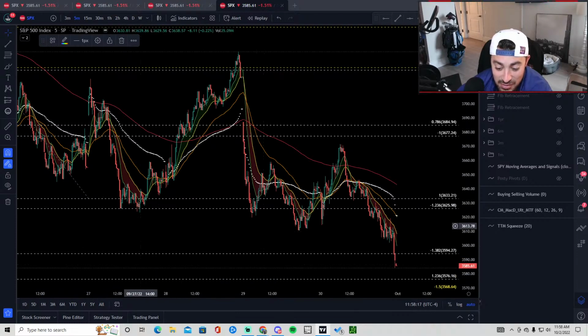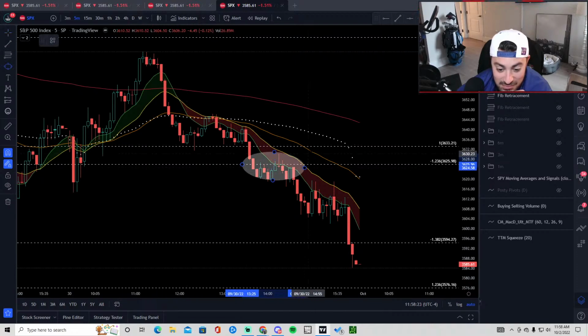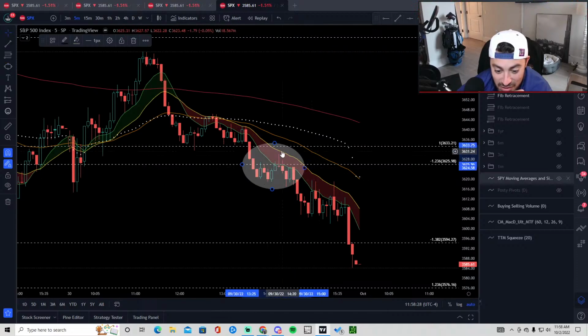So like right here, you see, it comes through here. Huge rejection on a doji candle off of the 9 EMA, off of a key level on the Golden Goose.